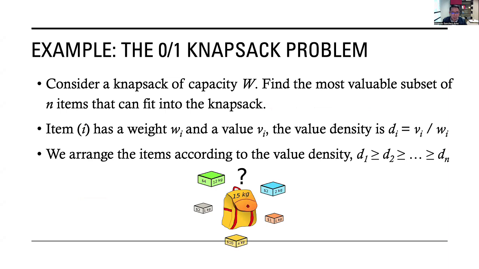And in this case, we will consider a knapsack or a backpack that has a certain capacity, capital W. And the problem is to find the most valuable subset of n items that can fit into the knapsack.